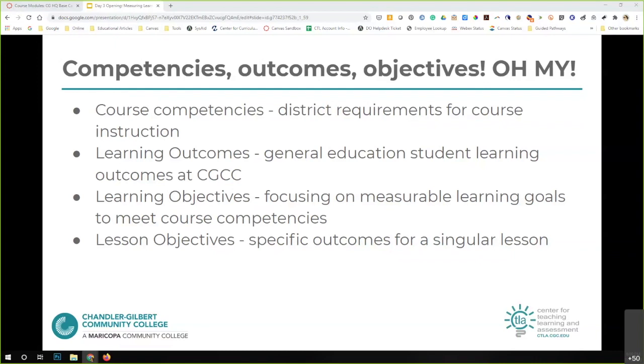So, for an example, if a course competency calls for evaluation, then an assessment that is only asking students to identify something is not allowing those students to demonstrate the appropriate level of learning that is expected for the course, because identify is that sort of lower level of learning, whereas evaluation is a much higher level of learning.